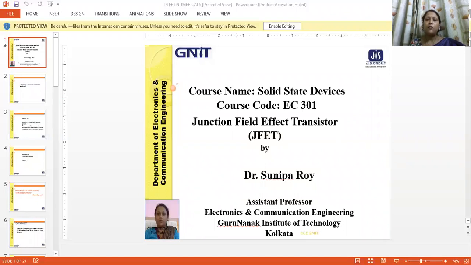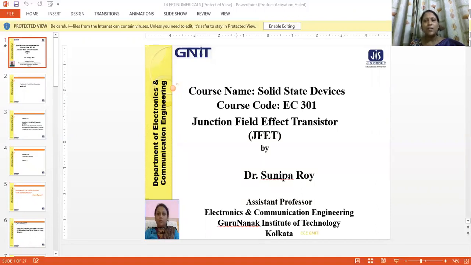Henry Petroski, one of the famous scientists, said that engineering is achieving function while avoiding failure. And for this, we have to do circuit analysis. So in this lecture, we will find some solutions of numerical problems.